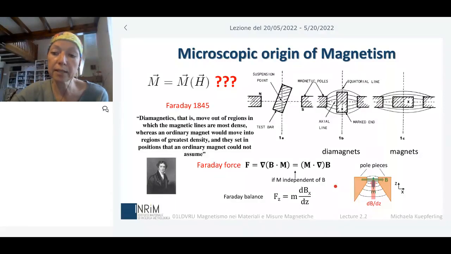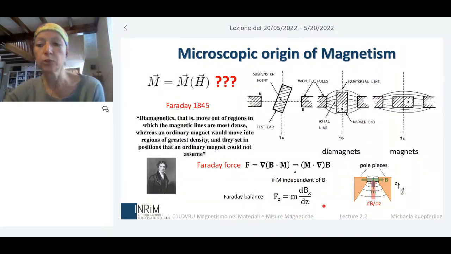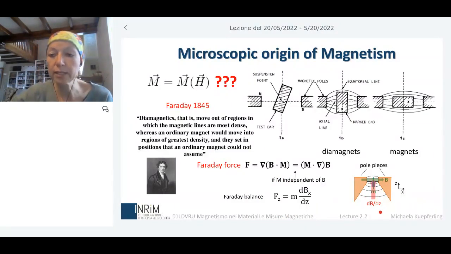It's simpler if M is independent of B, and especially if we consider only a gradient in the Z direction, B in the X direction and M only in the Z direction. Written in this way, we can easily interpret the equation. M will feel a force either towards higher fields, or it will be repelled from the higher fields, so outwards, if it's a diamagnet. Okay.